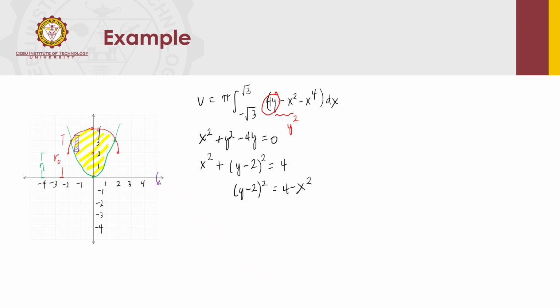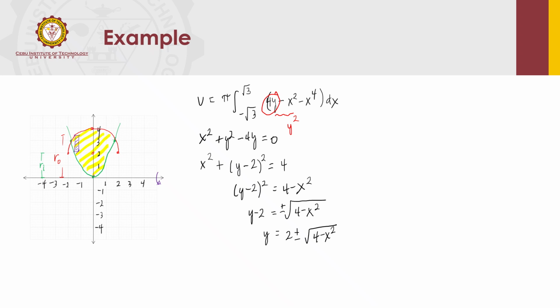Getting the square root of the left and the right side, we have y minus 2, and then square root of 4 minus x squared. There are two values, positive and negative. And then solving for y, y is 2 plus or minus square root of 4 minus x squared.